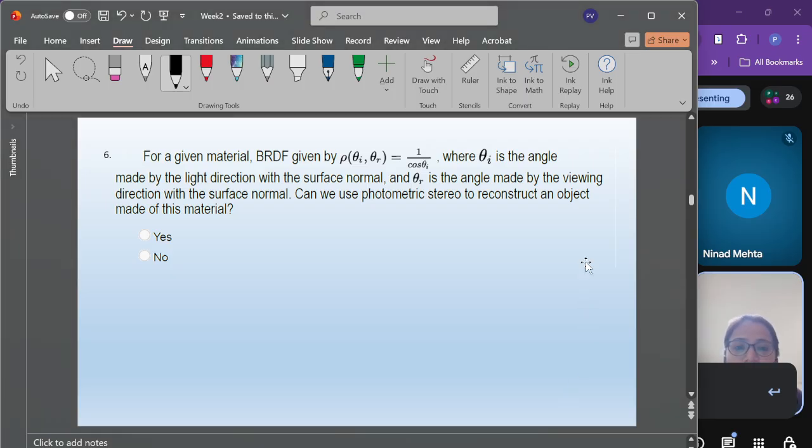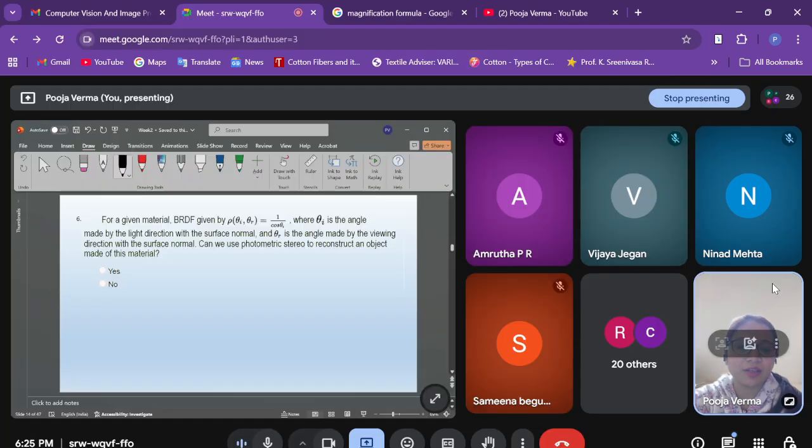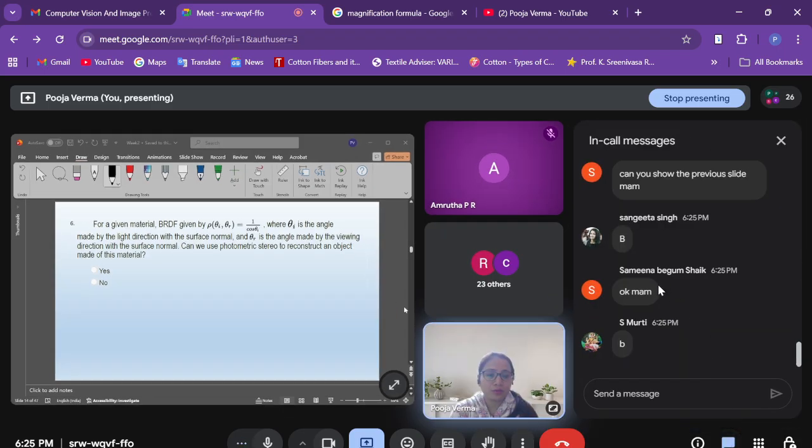Given by this equation, rho(theta_i, theta_r) = 1 / cos(theta_i), where theta_i is the angle made by the light direction with the surface normal, and theta_r is the angle made by the viewing direction with the surface normal. Can we use photometric stereo to reconstruct an object made of this material? Either yes or no.